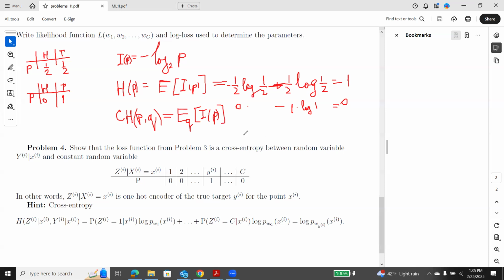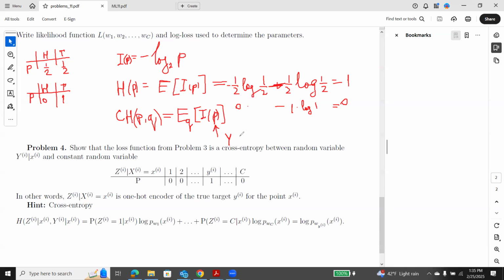Let's look at this formula. In place of P, we will use our probability of Y from problem 3.